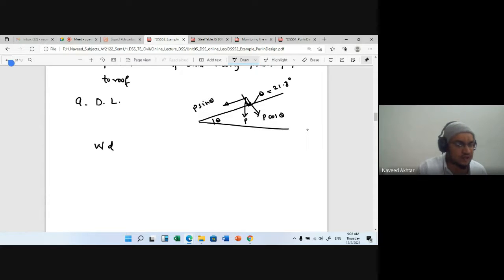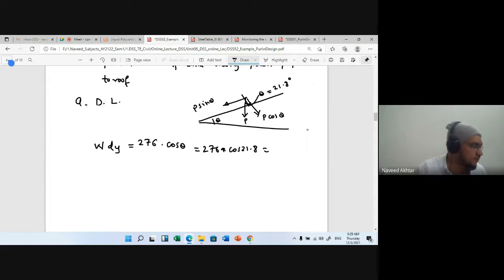W is the UDL load in the y direction, which is the vertical direction. So 276 is our load into cos of 21.8 degrees.